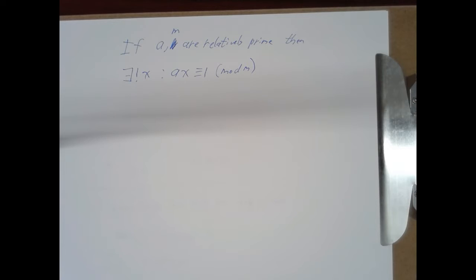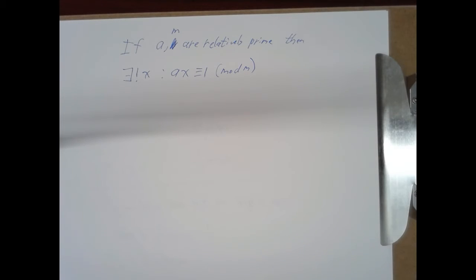And someone observed this when we were doing those multiplication tables modulo numbers. When we looked modulo 5 or modulo 7, there was a 1 in every row, there was a 1 in every column. If there's a 1 in a row of a multiplication table, it means that there's something we can multiply a by that gives us 1. So this is just a formal statement of that observation.